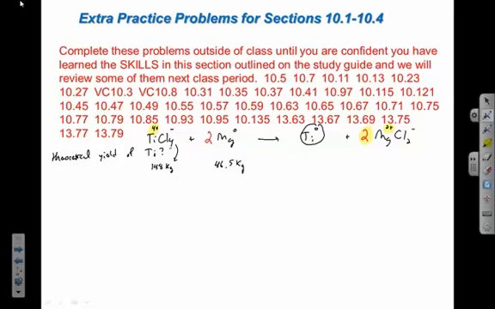And even if I did know which one I have less of, because I'm required to use them in a 1-to-2 ratio, just because I have less of one doesn't necessarily make it limiting. The limiting reactant is not really the reactant I start with less of, it's the reactant I run out of first, or I could say it's the reactant that allows me to produce less product.